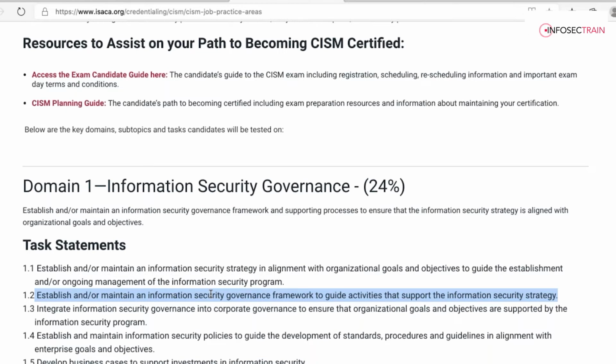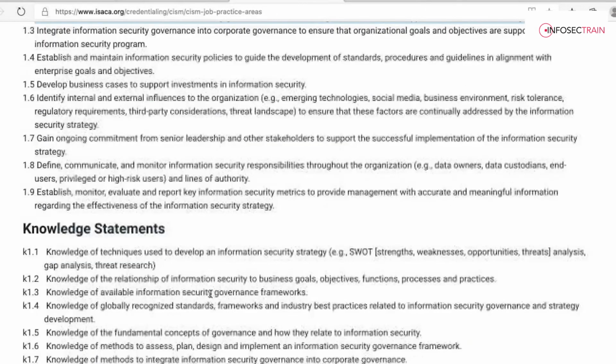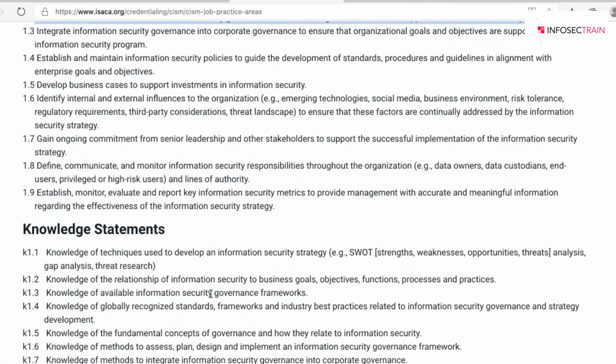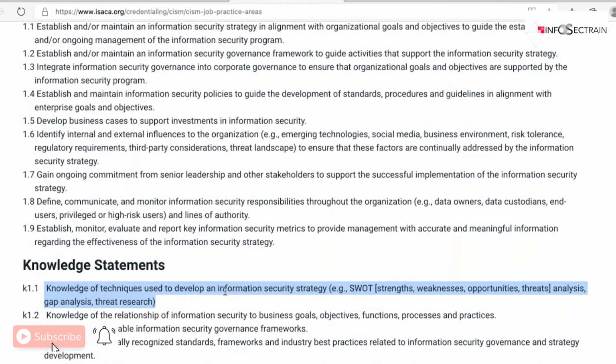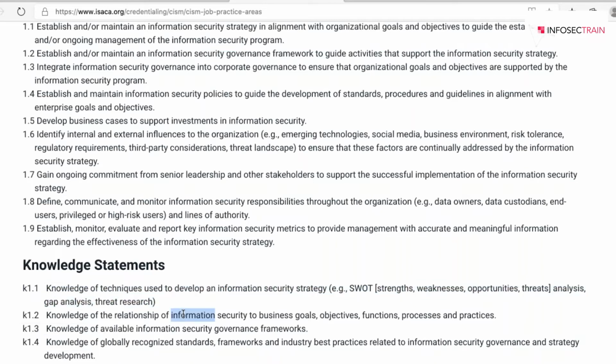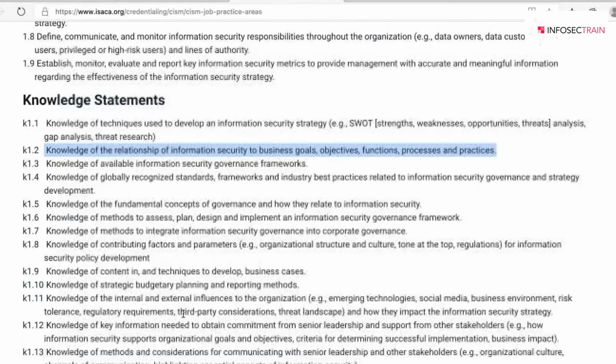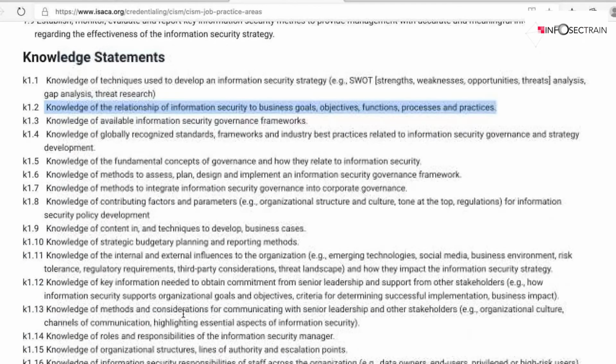These are the things that you are expected to know here, right? These are the tasks that you need to know, and the knowledge. For example, you use techniques like SWOT analysis, gap analysis, threat research, and you need to have knowledge about what the business goals, objectives, functions, processes, practices mean, and so on. Obviously, there's a whole lot that you need to know here.